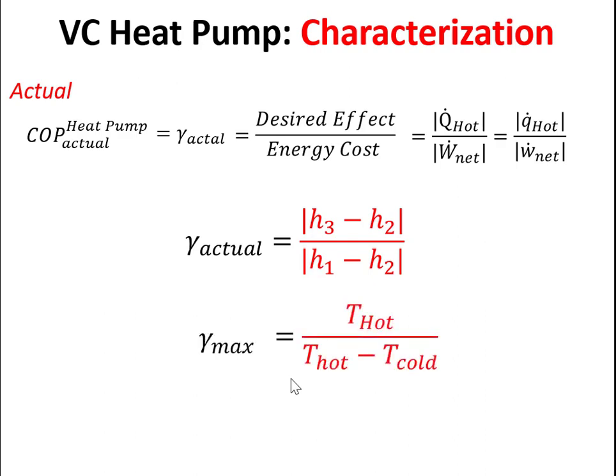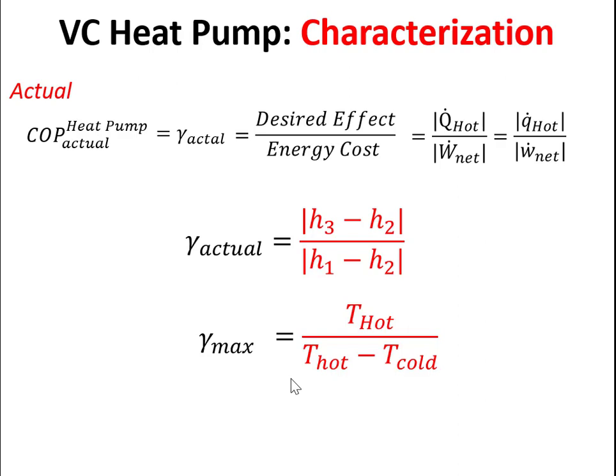If we want to compare the coefficient of performance to the maximum potential coefficient of performance, we can use the Carnot coefficient of performance to find the maximum performance from a heat pump or a refrigeration cycle. Now, if you're curious why we're calling this a coefficient of performance instead of an efficiency, it's because coefficient of performance is generally greater than 1.